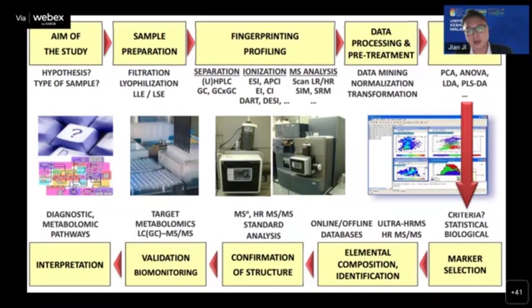Normally, the metabolites in biological samples have a very large concentration range, from like ppb to ppm, or even more than that.